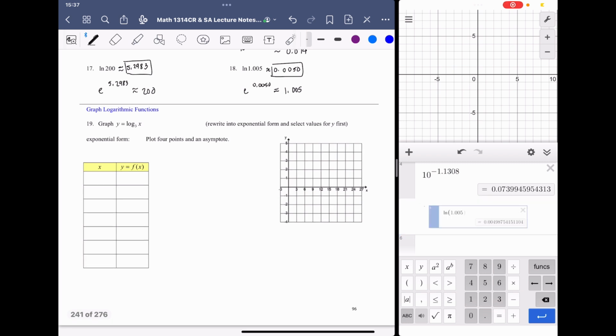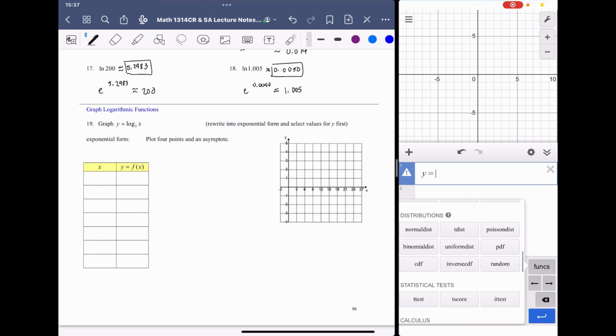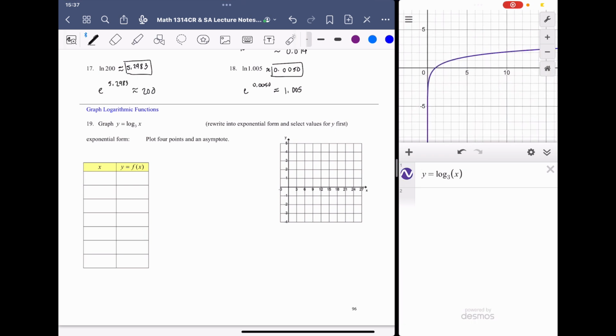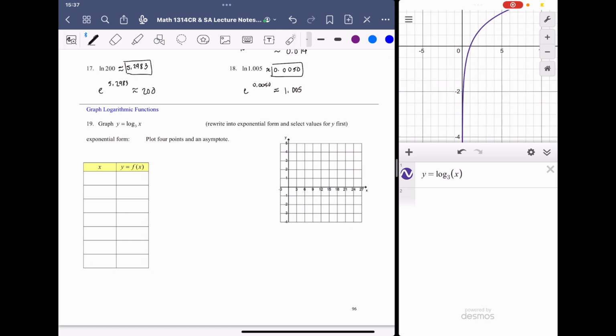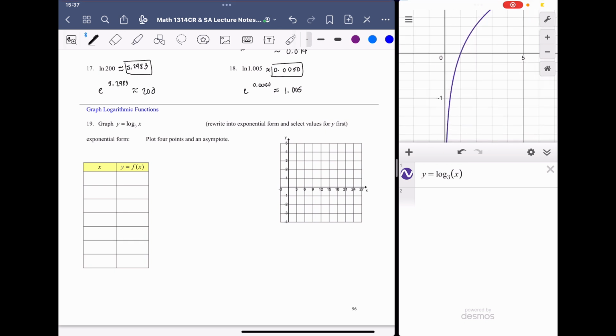All right, so now we're going to graph this. Let's clear this. We're just saying y equals log base 3 of x. This is a growth, and it doesn't have a horizontal asymptote, but it has a vertical asymptote at 0.